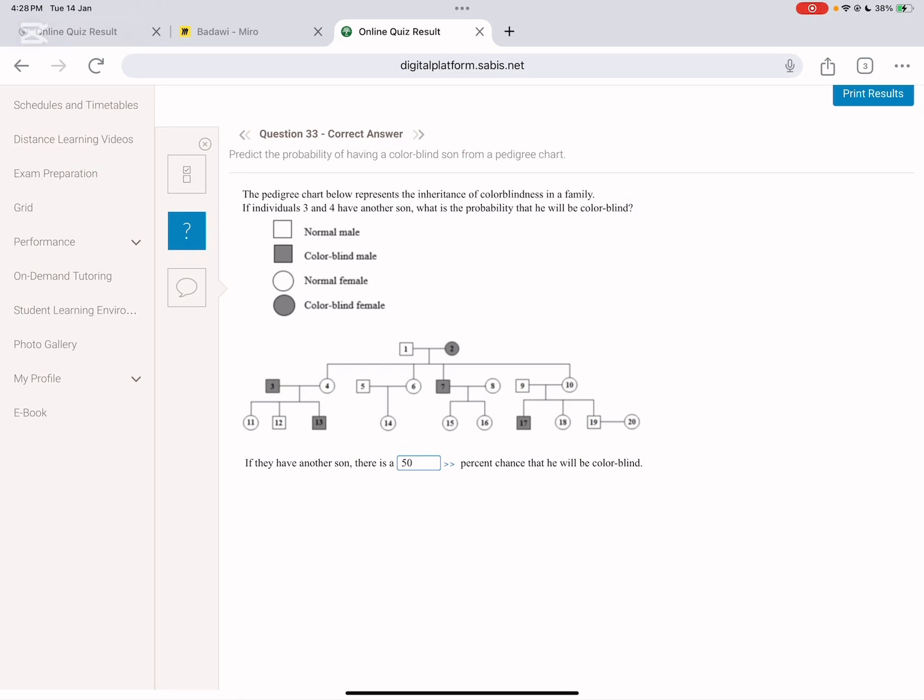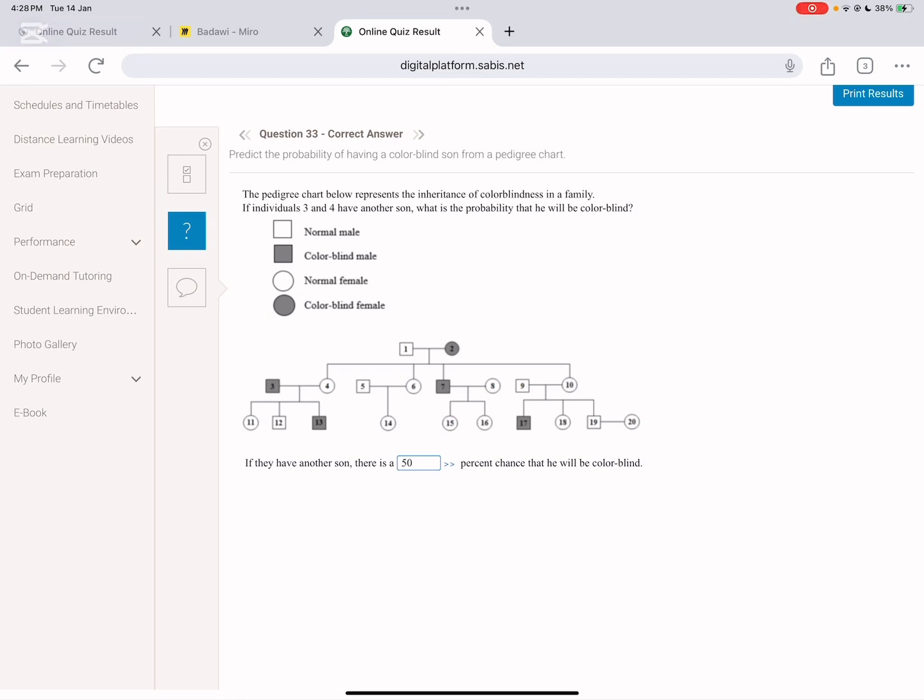Who will be more affected? Males. And if we look at the pedigree, only individual 2 is a colorblind female, while all the other colorblind individuals are males. So we can directly see that males are usually more affected by X-linked diseases.